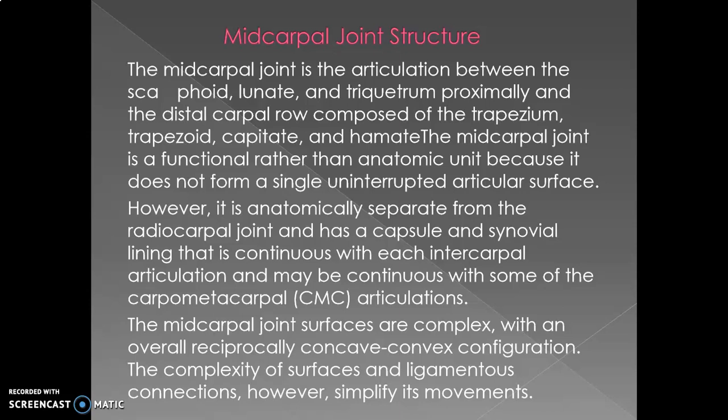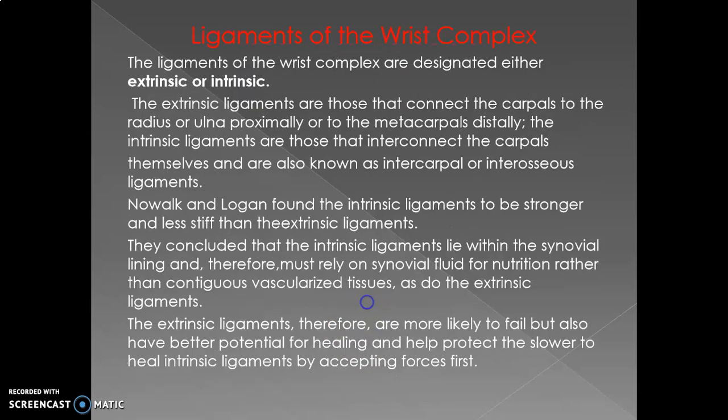The complexity of the surfaces and ligamentous connections, however, simplify its movements. So the complexity of the surface is basically to make the movements more effective and useful. Even though the articular surfaces are complex, because of those complex articular surfaces, the movements in the wrist joint are simplified.